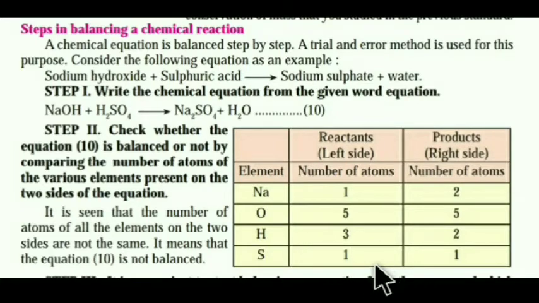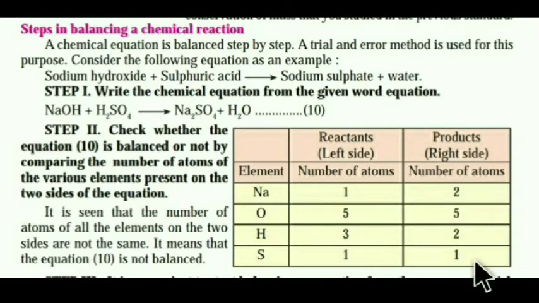So let's see the table. In this, the number of atoms of some elements on the two sides are not the same. Let's see sodium: on the left side there is 1, while on the right side there are 2. Then what about oxygen? Oxygen is the same. But let's see hydrogen: on the left side there are 3, and on the right side there are 2.